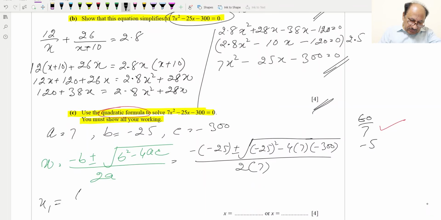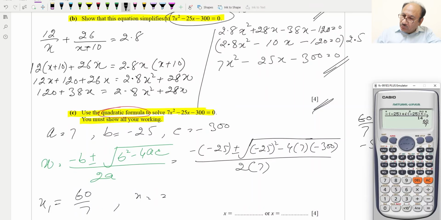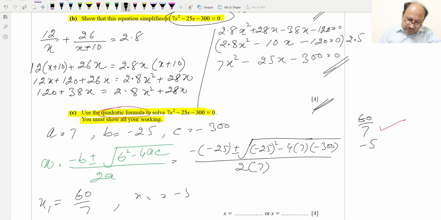So this will be 60 over 7, and x2 will be equal to, we change the sign from plus to minus over here, and we will get minus 5 as our second answer. So the answers are 60 over 7 and minus 5 basically.